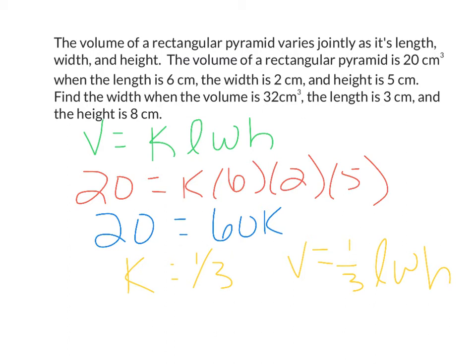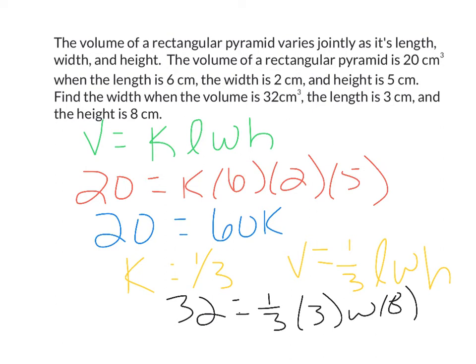Now to answer the question, I'm going to substitute in my known values and solve for the width. So I know now that my volume is equal to 32 centimeters. I'm going to substitute in 1/3 for k, 3 for L, W for the width, and 8 for the height.